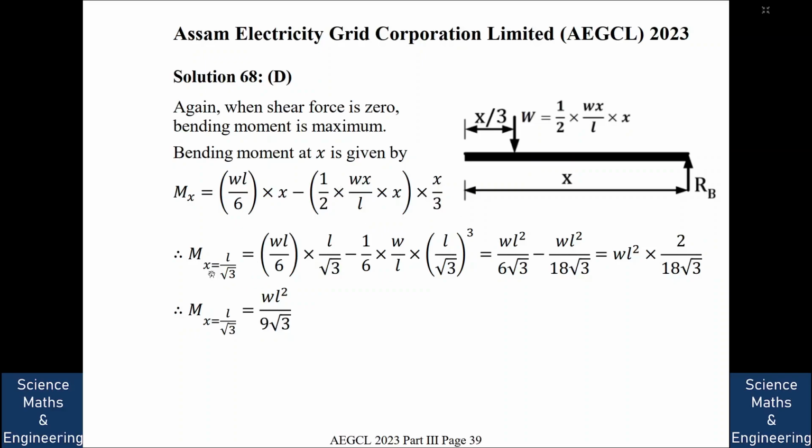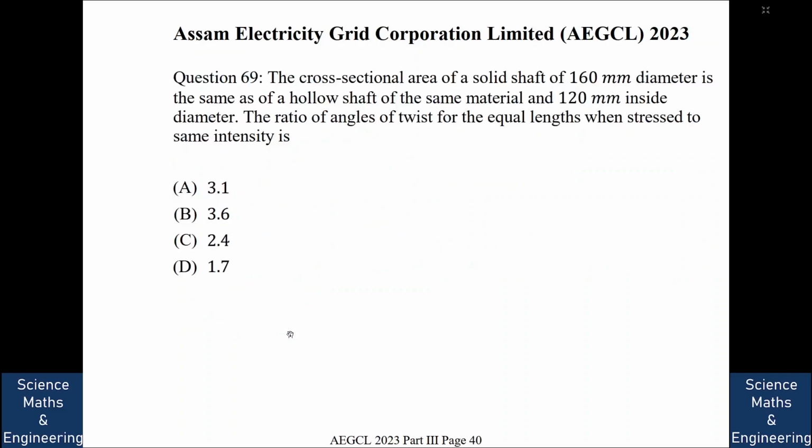Okay, so from here, when we calculate, we get the moment. But when we put x equal to L by root 3, where shear force is 0, then we get the moment as WL square by 9 root 3. Okay, so go to the next question.